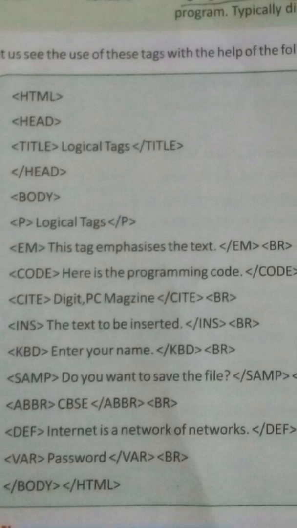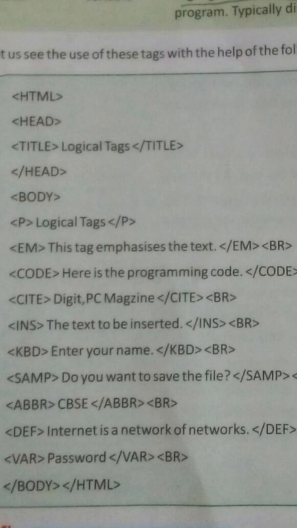After that, em tag. This tag italicizes the text, but it has a meaning with it, that is the emphasis. Em means emphasis. The same program is given on page number 84. You can have a look there.